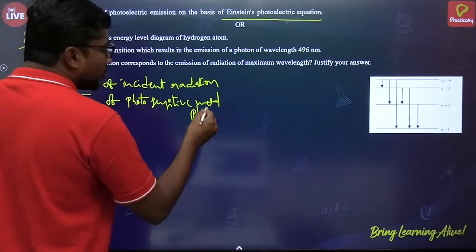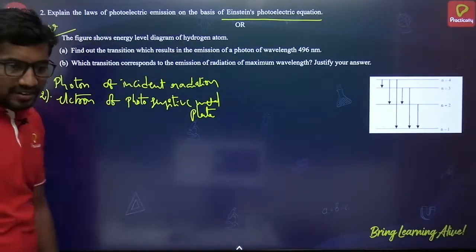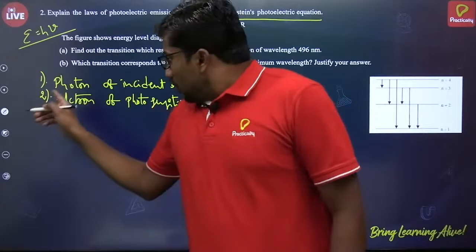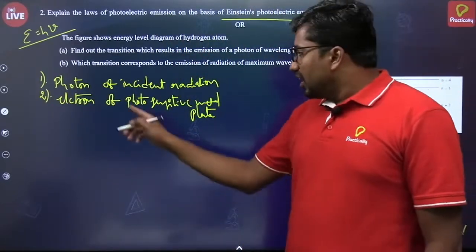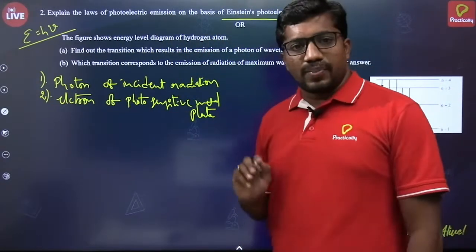So this is a theory question, and I will explain based on this content. The photon of incident radiation and the electron of the photosensitive metal plate.